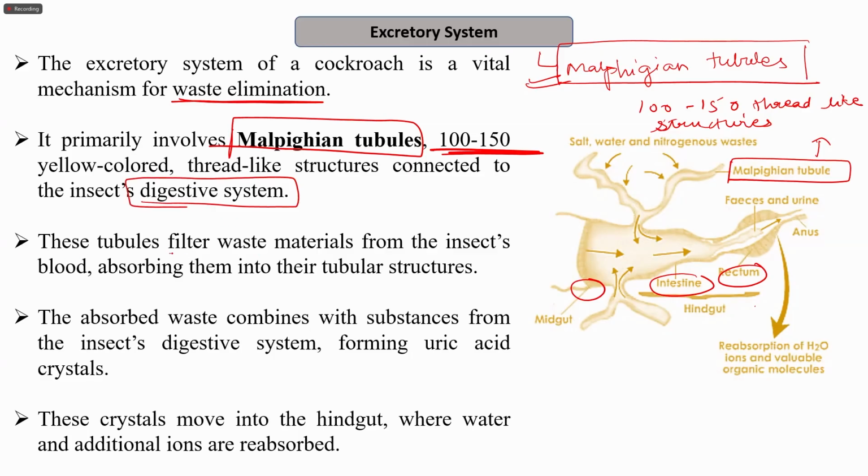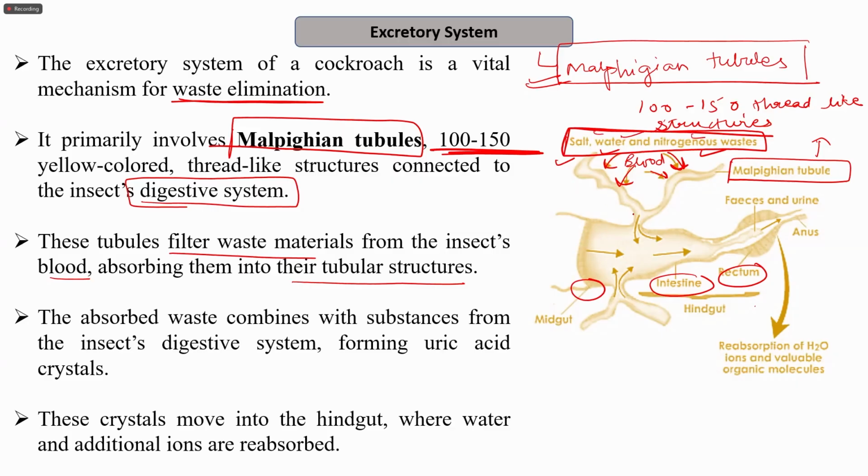These tubules filter waste material from the insect's blood. From the blood, salt, water, nitrogenous waste, etc., are reabsorbed by the Malpighian tubules.